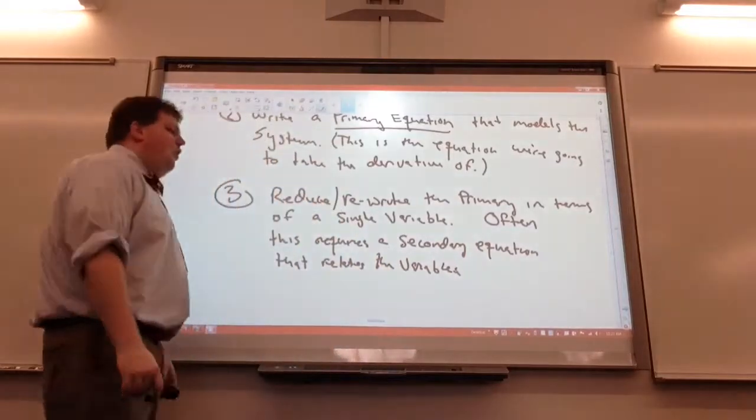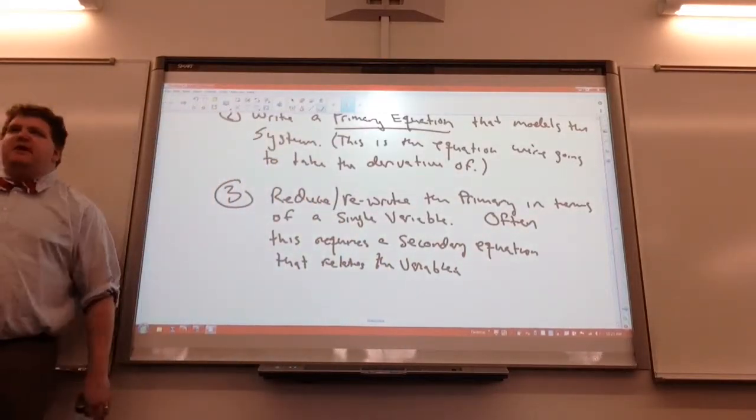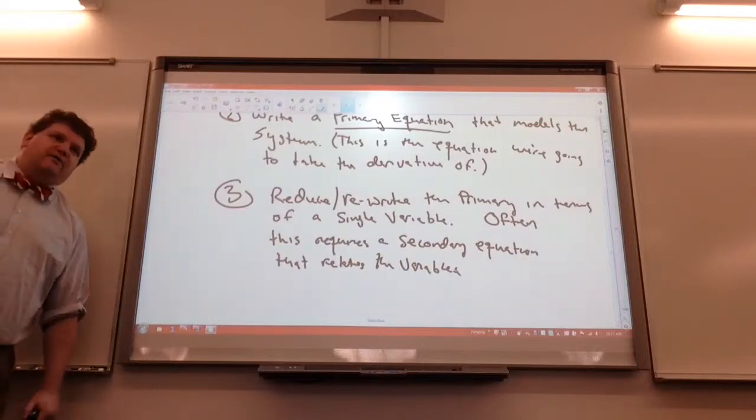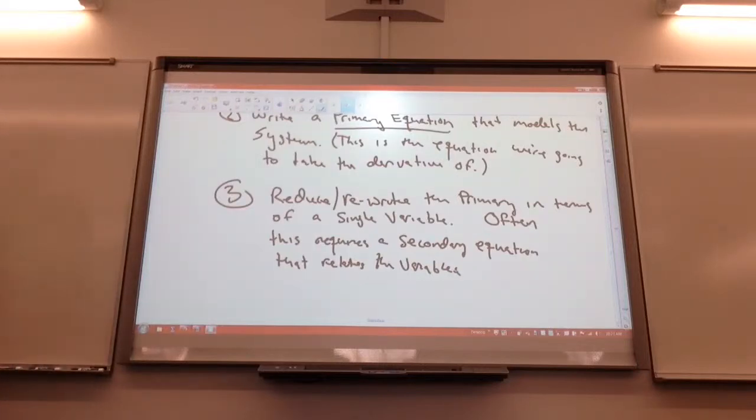What this equation might be is something like a simple ratio. Maybe I know something about the relationship on this triangle, and I could use this ratio to figure out what one of the variables could be. It could also be given to you. It could also be a situation where I have to use some other thing that I know. For example, I might be trying to optimize the area of a rectangle, and I might know the perimeter of the rectangle and use that to whittle down variables.